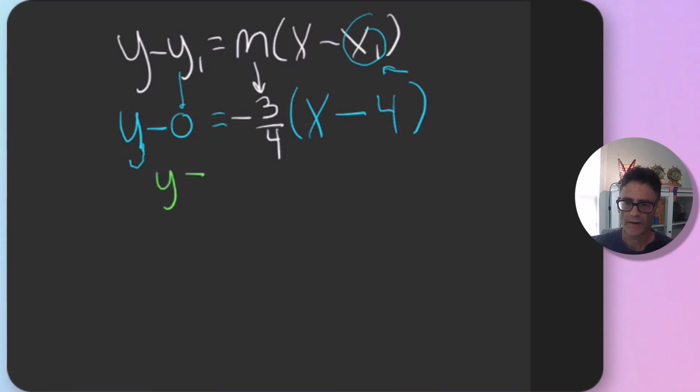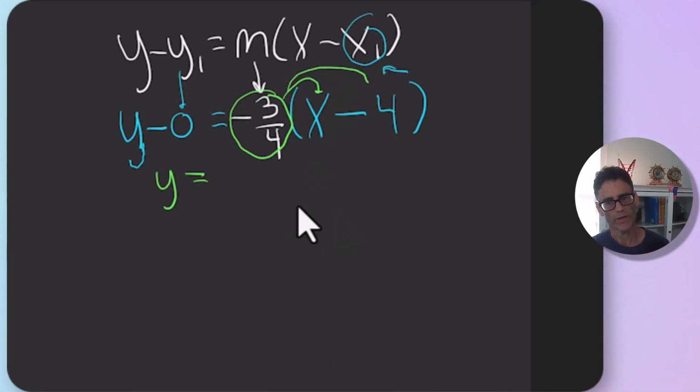So from there, the nice thing is that actually just goes away, and I've got y equals. Now, what do I do when I have this parentheses and I have the slope out front? You need to distribute. You need to multiply that -3/4 into both this term, the x, and this. I'm going to leave that as a minus. So I'm going to do the -3/4 times x.